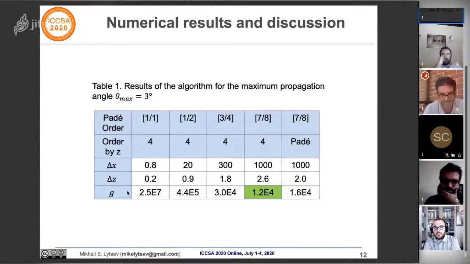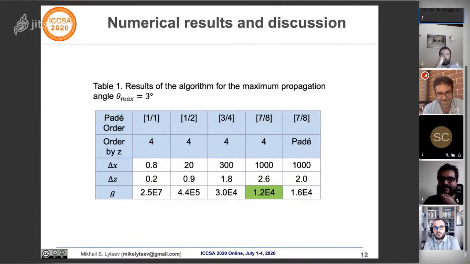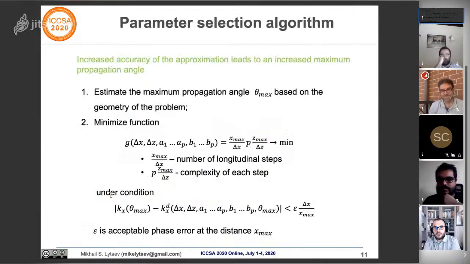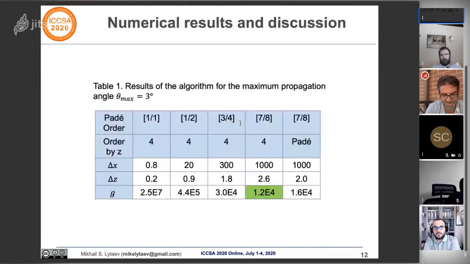I introduced the function g, which is defined very simply, and it directly depends linearly on the time of computation. It is big O for the time complexity. And one can see that higher order parabolic approximations yield 3 orders faster results than the standard Crank-Nicolson scheme.